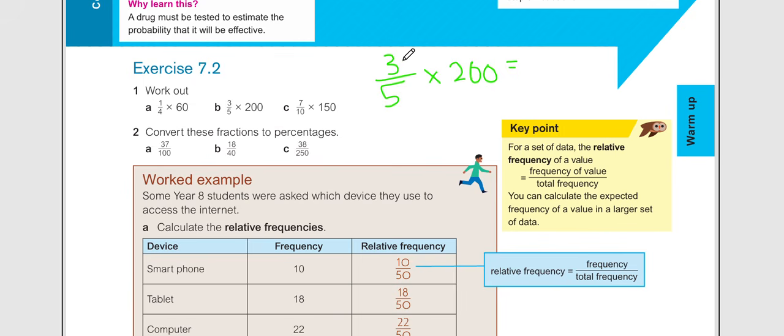See, this equals 3 multiplied by 200, which is 600, divided by 5. For 60, how many 5s are there? 12 5s are there for 60, and then there's a 0, so you can put 120. So the answer for B is 120.